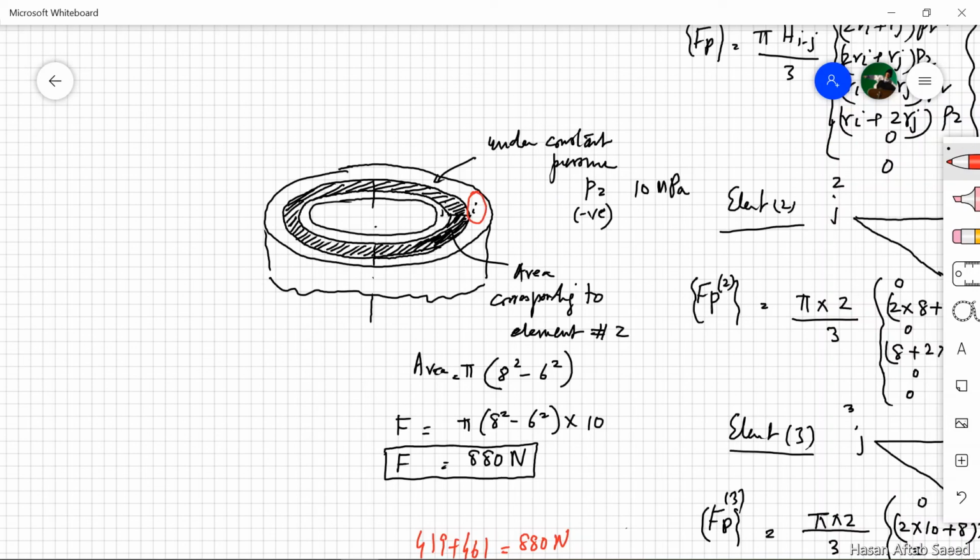But the forces on nodes I and J added up become 880, as they should be. And this phenomenon, that you apply a higher value of force to nodes which are further away, is not just peculiar to pressure, it is also applicable to volumes, to body forces, because not only does the area become bigger and bigger as you move away from the center, the volumes also become higher. Thank you.